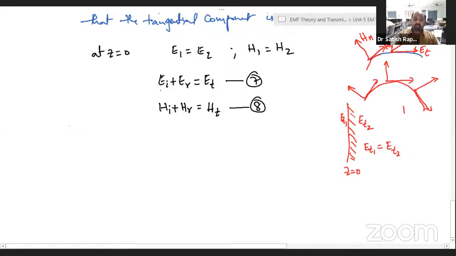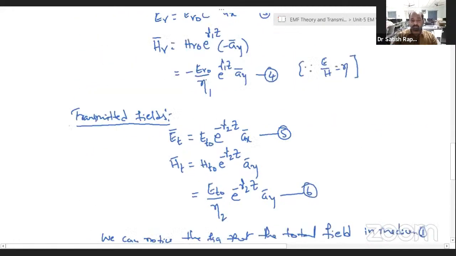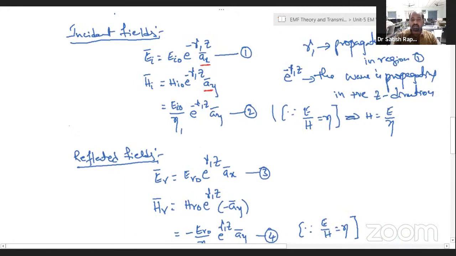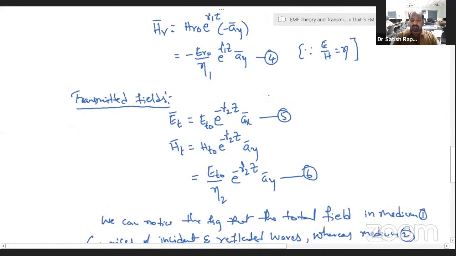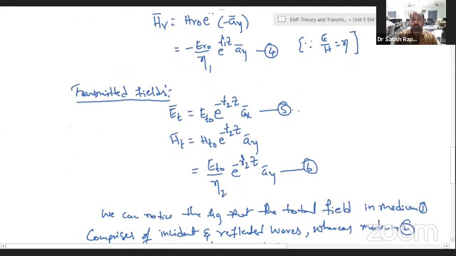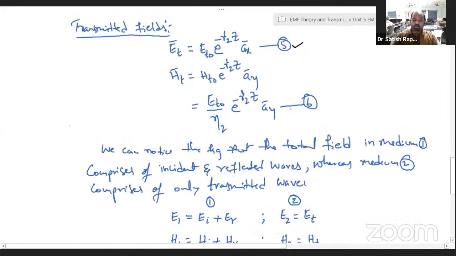Next, Ei, Er, Et. So what are Ei, Er, Et? Ei is equation 1, Er is equation 3, and Et is equation 5.